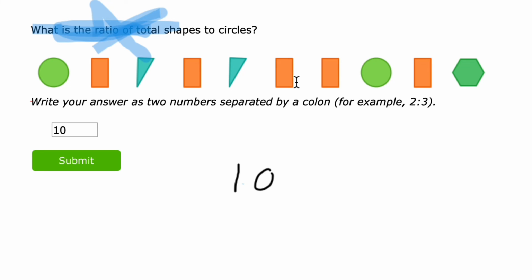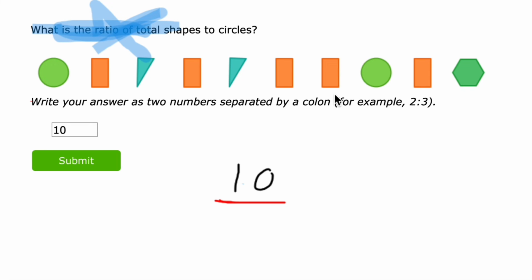Now we have to count the circles because we already did total shapes. If you are writing this out, just write an underline, so 10 over blank. It kind of reminds you of a fraction. We want it to be 10 over blank because we don't know how many circles there are yet.